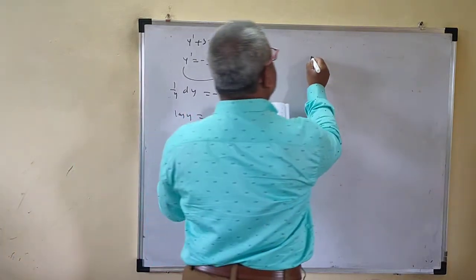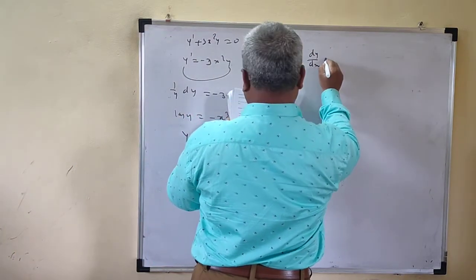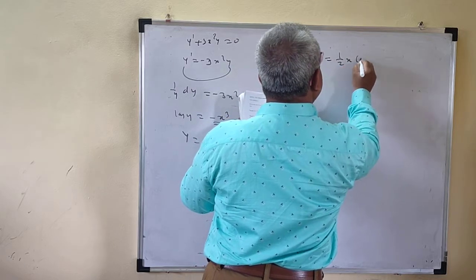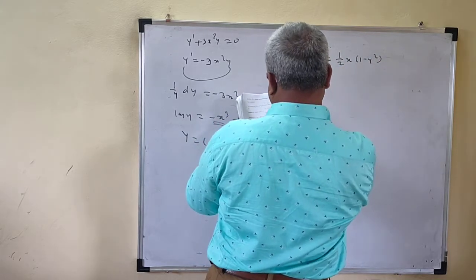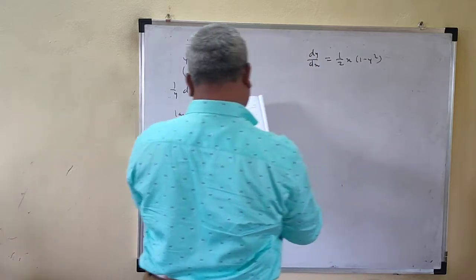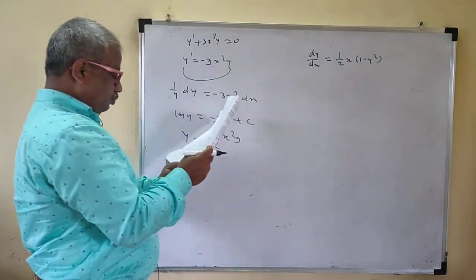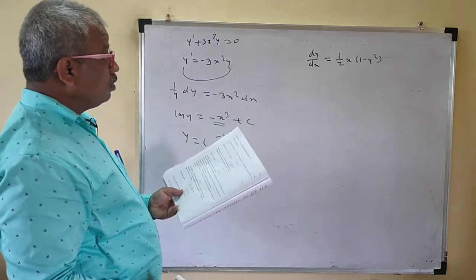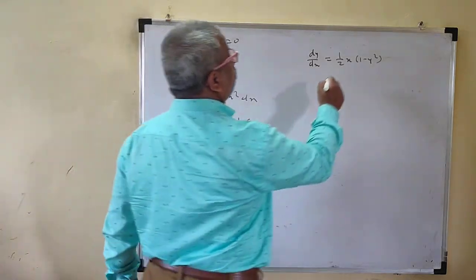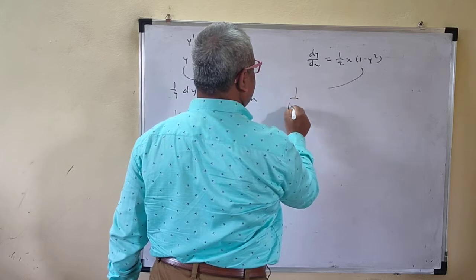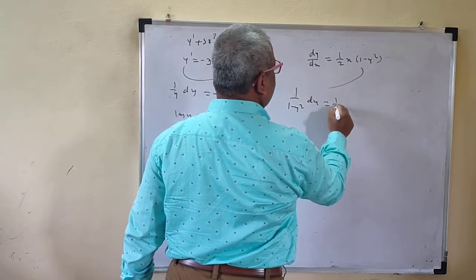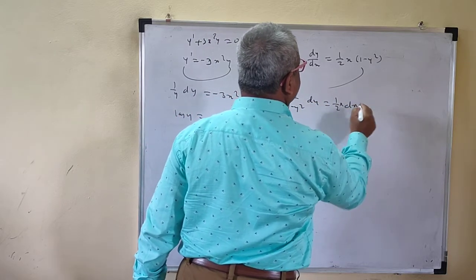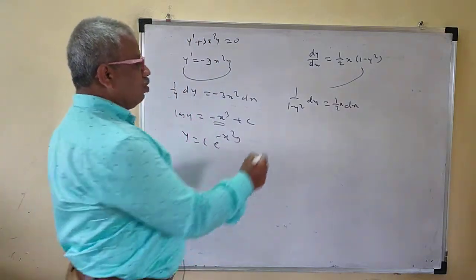Suppose this is dy by dx equal to 1 half x into 1 minus y square. So now you can shift this: 1 upon 1 minus y square dy is equal to 1 half x dx. So this is what then?